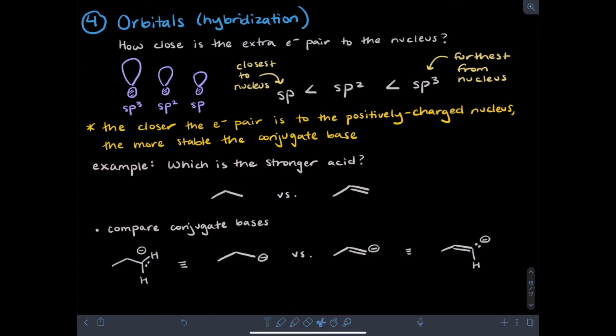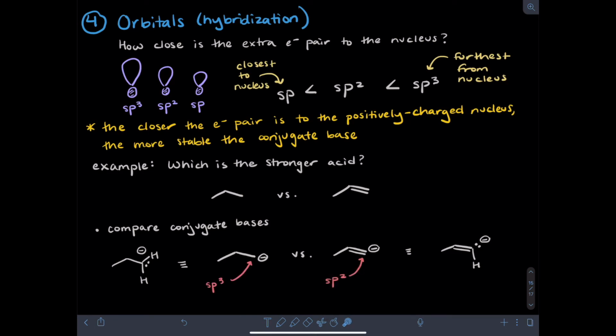If I drew out my hydrogens and lone pairs in these 2 different cases, the molecule on the left has a carbon with 1 single bond to carbon, 2 hydrogens, and a lone pair, whereas my molecule on the right has a carbon-carbon double bond, so it already has 2 bonds, so it has just 1 hydrogen left and a lone pair. Now let's look at hybridization.